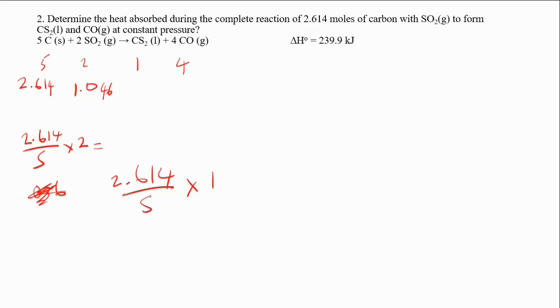I'll erase those shortly. 2.614 divided by 5, and so for carbon disulfide, it would be 0.5228. For carbon monoxide, it would be 2.614 divided by 5 times 4, which is 2.091. So for this one, it would be 2.091.